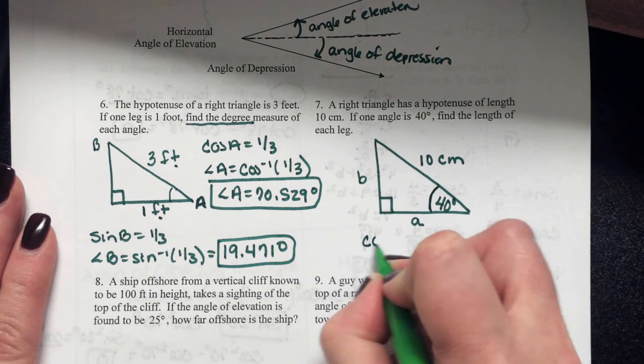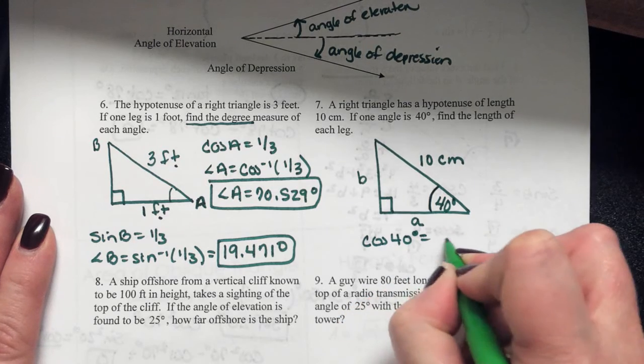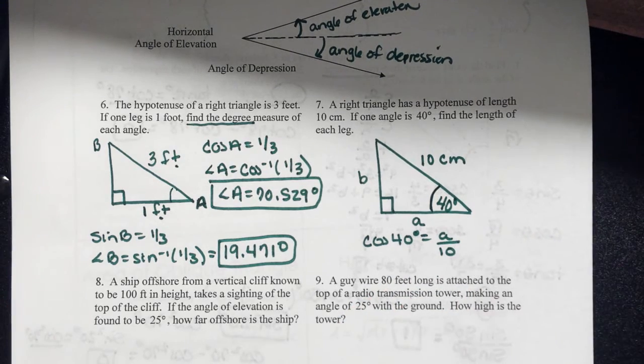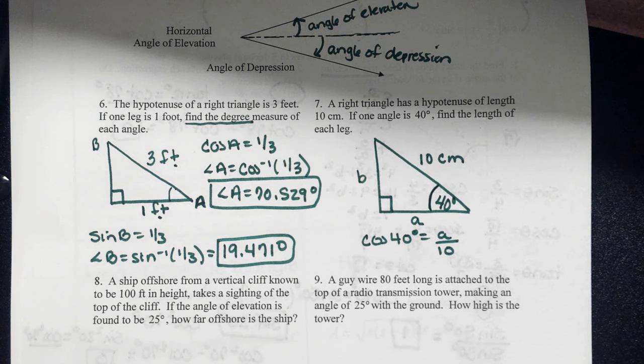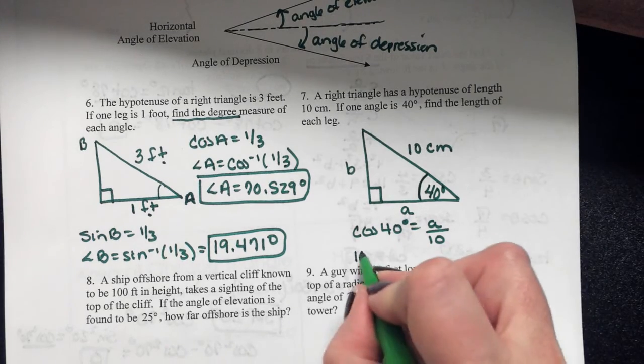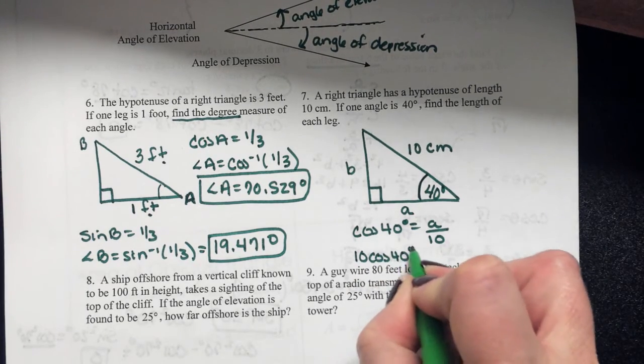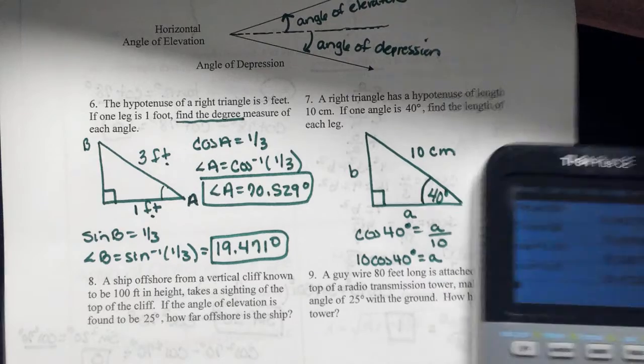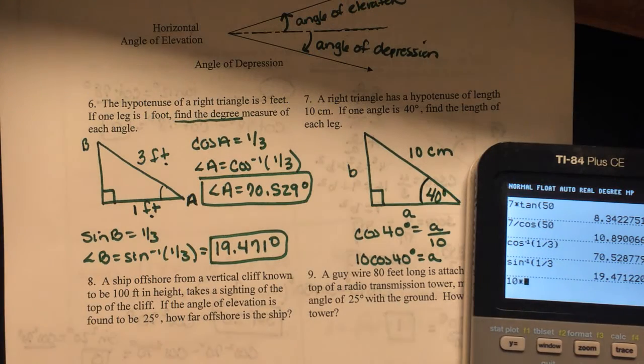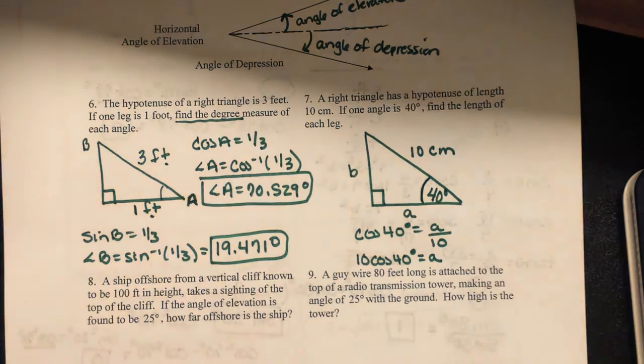So I'll set up the cosine of 40 degrees is equal to A over 10. Now how do you solve for side A? You're going to do what? Multiply both sides by what? 10. So 10 times the cosine of 40 degrees will be equal to side A. So that gives me 7.660.